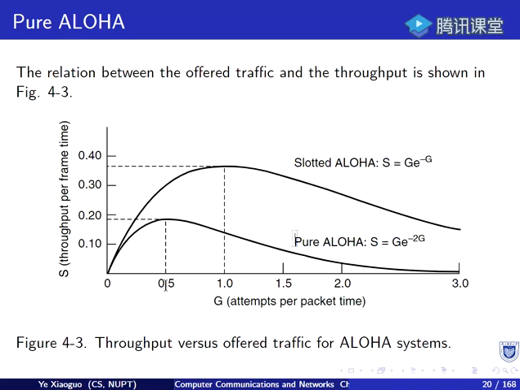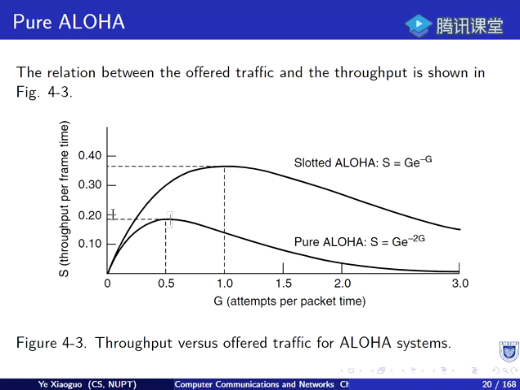When G equals 0.5, the throughput of pure aloha reaches nearly 20%, right?